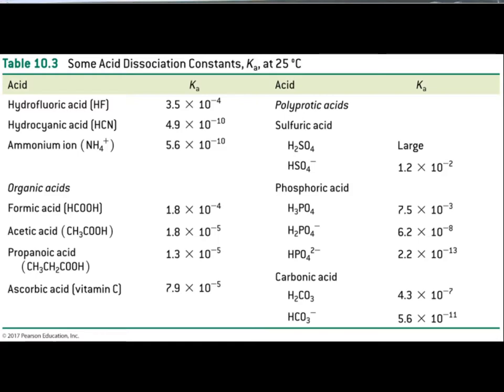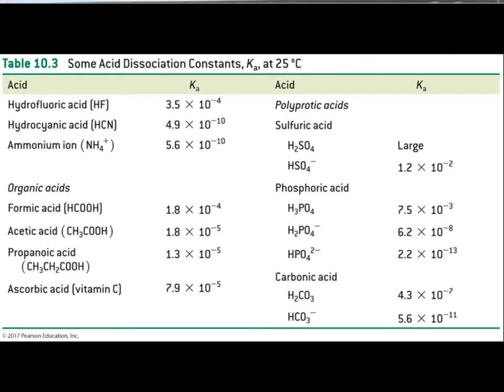If you look at phosphoric acid, H3PO4, the first hydrogen is given up with a Ka on the order of 10 to the negative third. The second hydrogen is given up with a Ka on the order of 10 to the negative eighth. And the last one is given up with a Ka on the order of 10 to the negative 13th. And carbonic acid follows a similar trend. 10 to the negative 7th for the first, 10 to the negative 11th for the second.